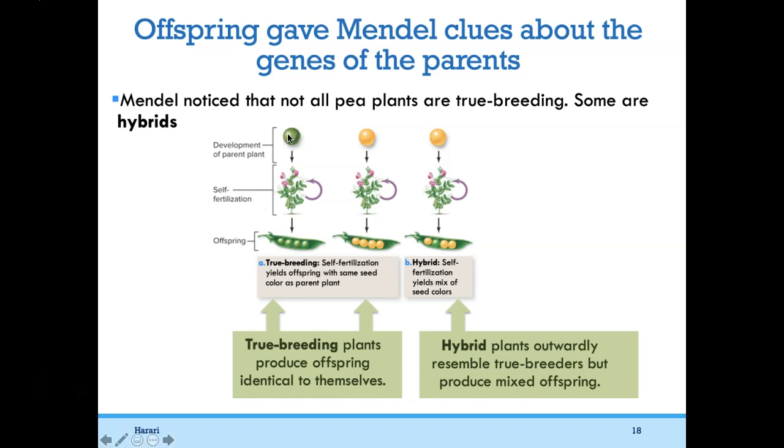For example, a true breeding green pea plant, when you self-fertilize it, will only produce green offspring. Same with a yellow pea plant. If you self-fertilize a yellow pea plant and it only produces yellow peas, we say that's true breeding.